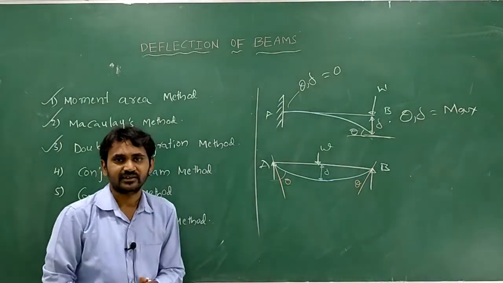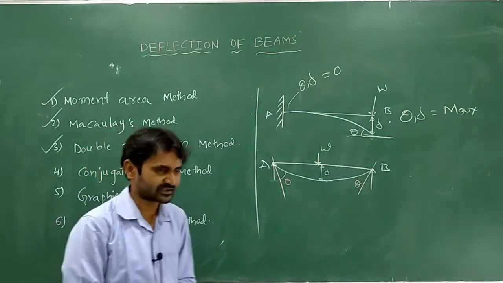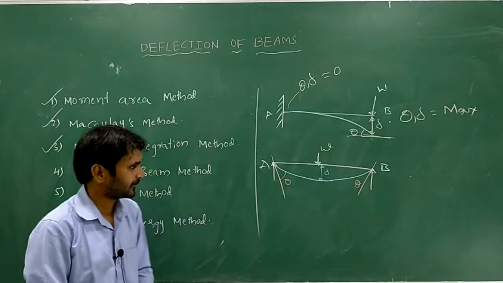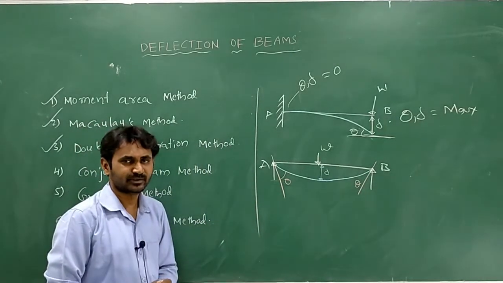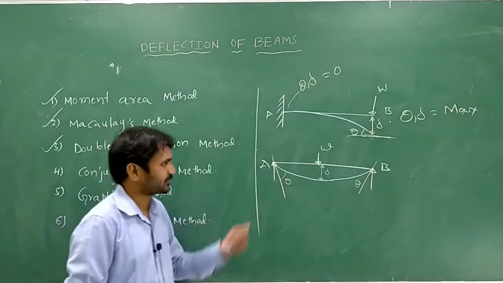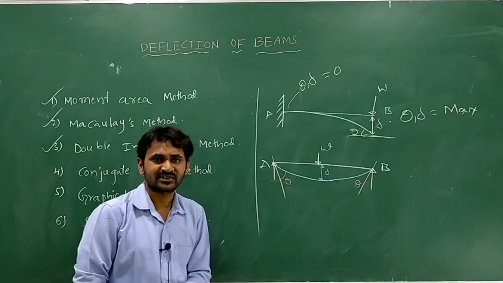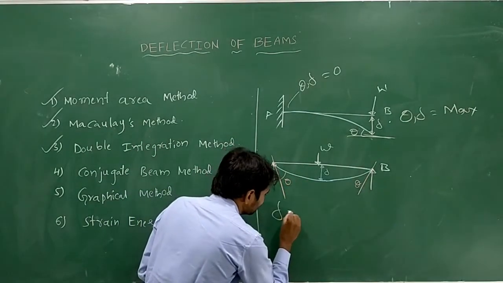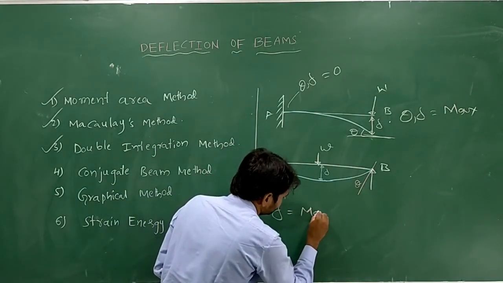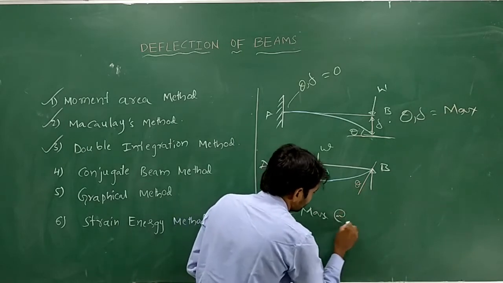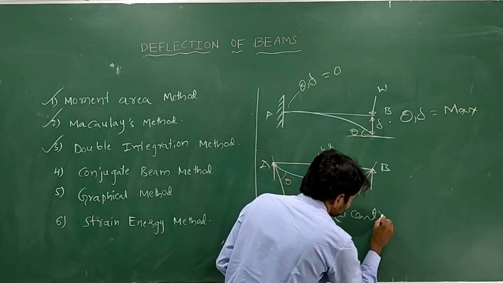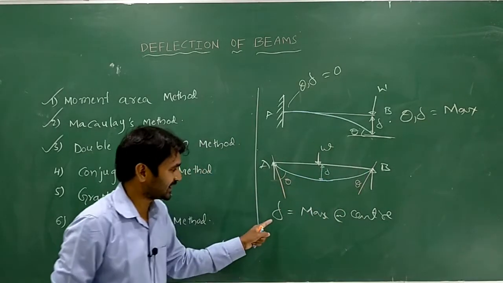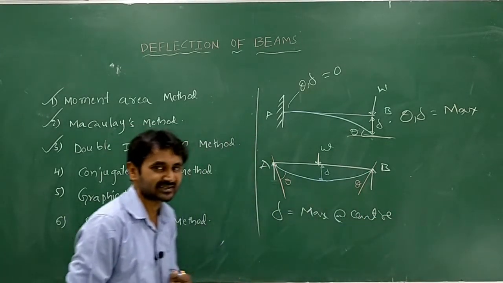In the ESE or in any competitive exams, they will be asking you questions regarding simply supported beams. In a simply supported beam, where is the deflection maximum? Delta is maximum at center. In case of simply supported beam, delta is maximum at center.